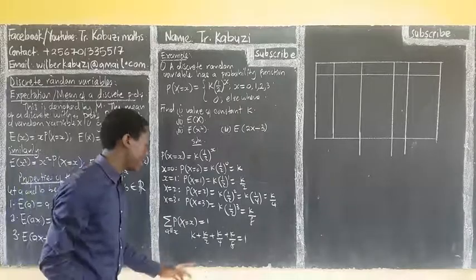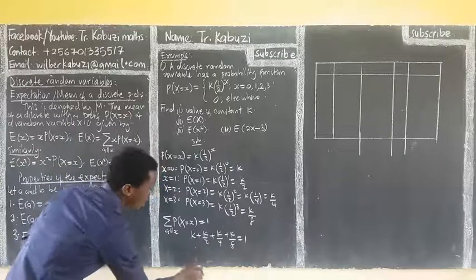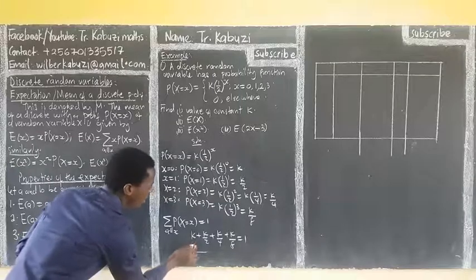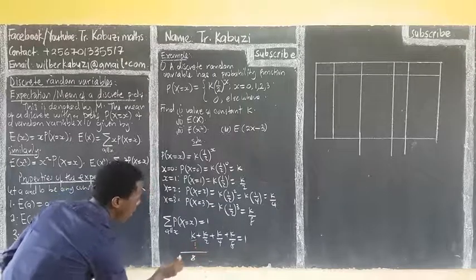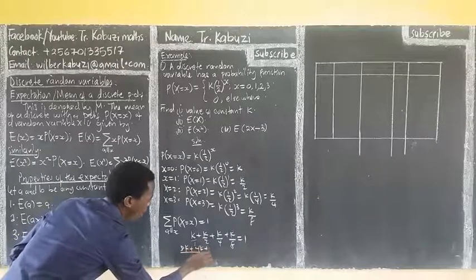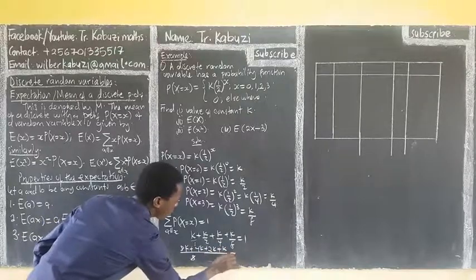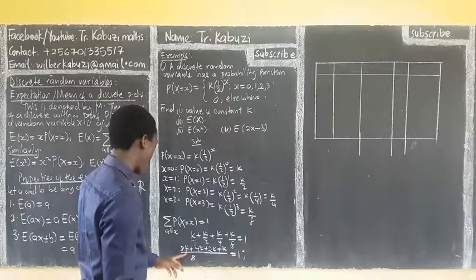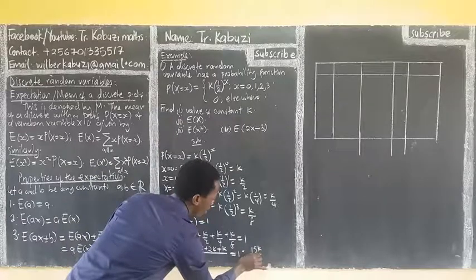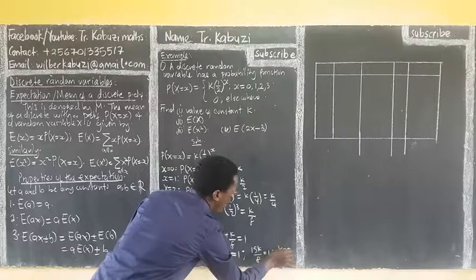The LCM is 8, so we have 8k plus 4k plus 2k plus k, the whole over 8, equal to 1. Adding up, we have 8 plus 4 plus 2 plus 1 equals 15, so 15k over 8 equals 1, implying that k, after cross multiplying, is 8 over 15.